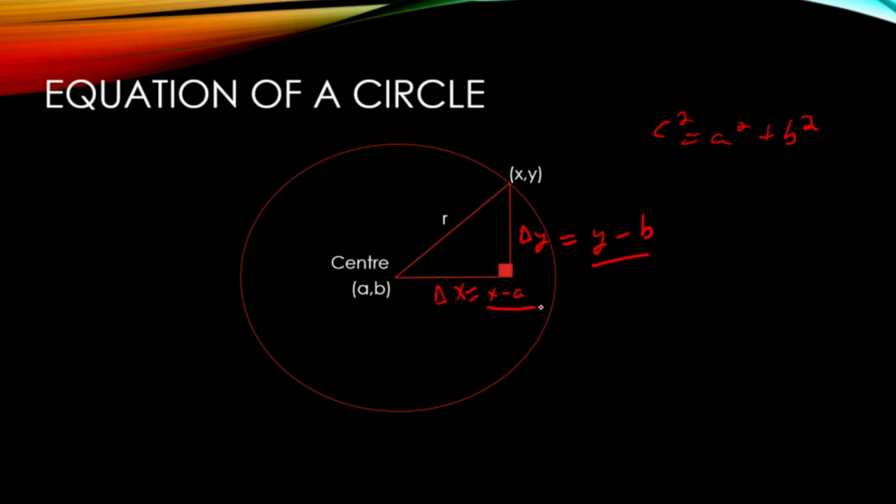So we are going to use these two things. Let's put it into the Pythagoras theorem. So c squared means r squared, and now a squared, which is the change in x, (x minus a) whole squared, and now plus the change in y squared, which is (y minus b) whole squared.